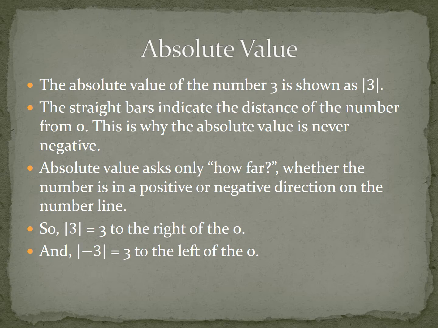So the absolute value of 3 is 3 to the right of 0, and the absolute value of -3 is 3 to the left of 0. Pages 201 and 202 in your textbook further explain that if you need more clarification.